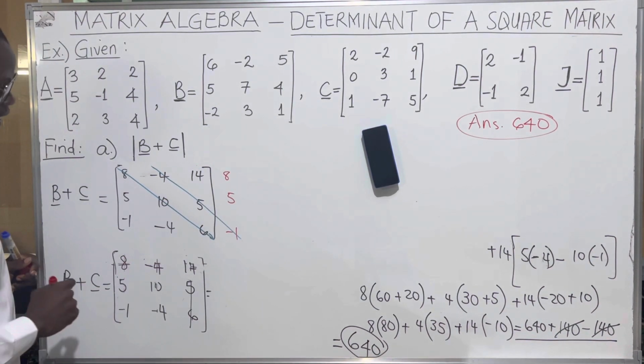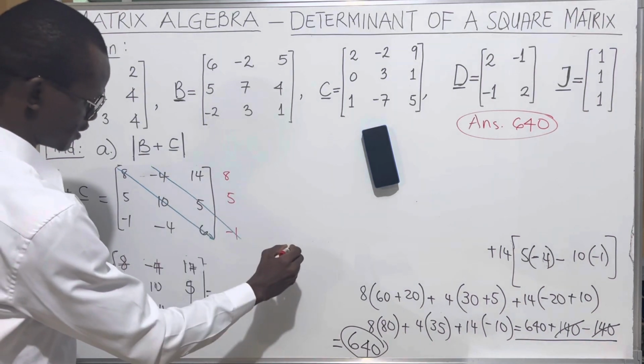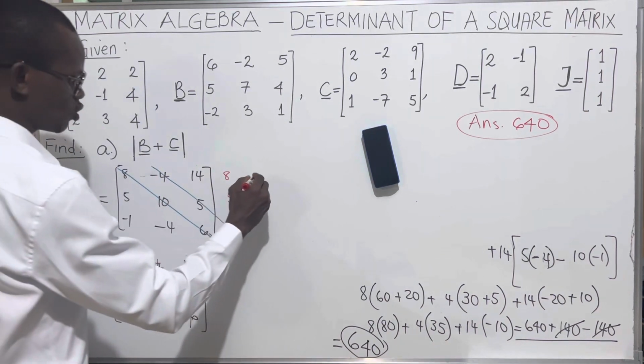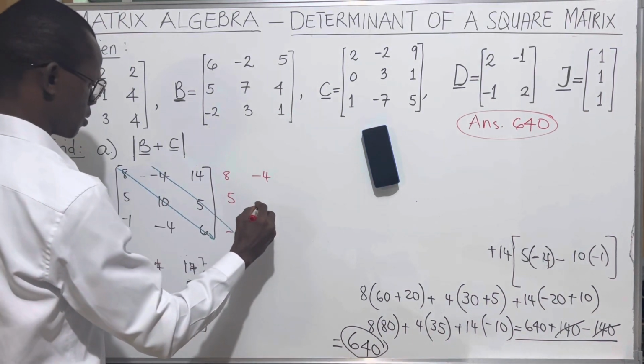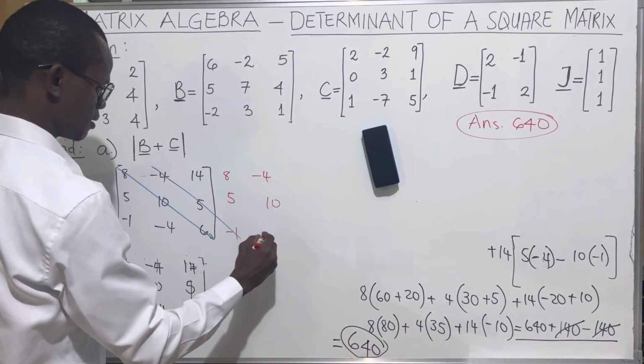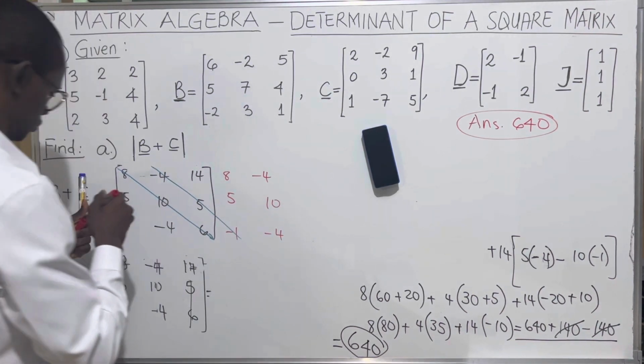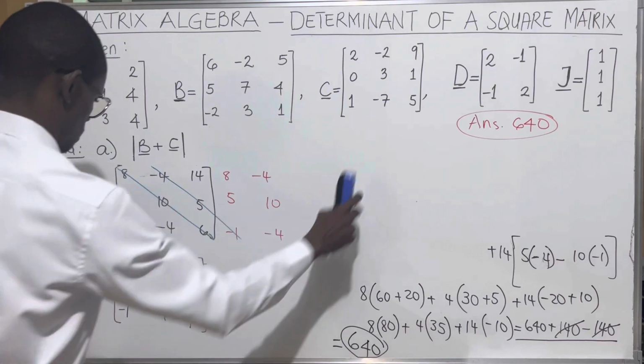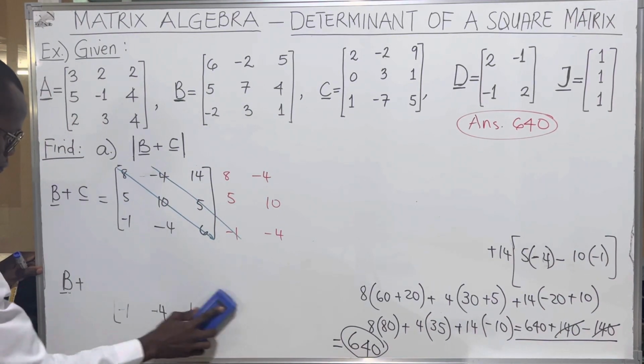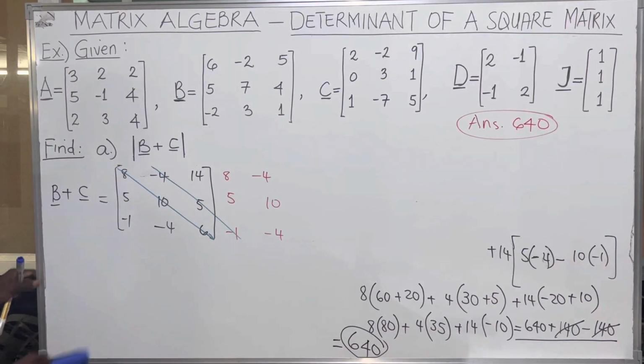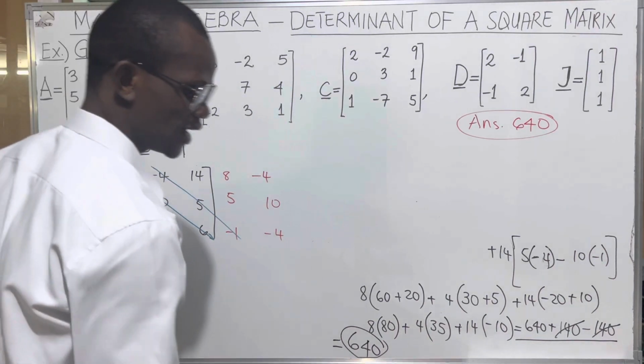So that is completed. And if you carry this again, you need the second column, minus 4, 10, and minus 4. So we carefully see that now.